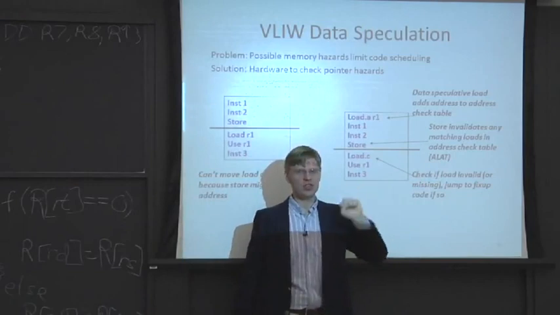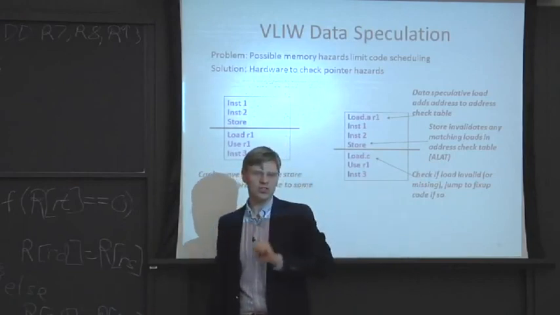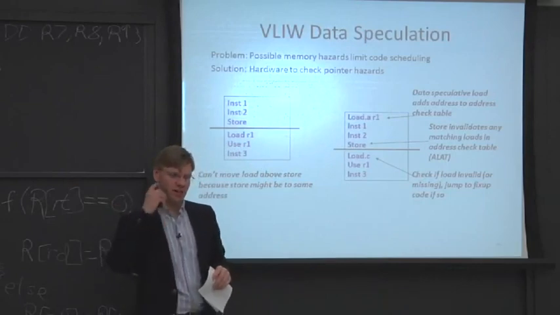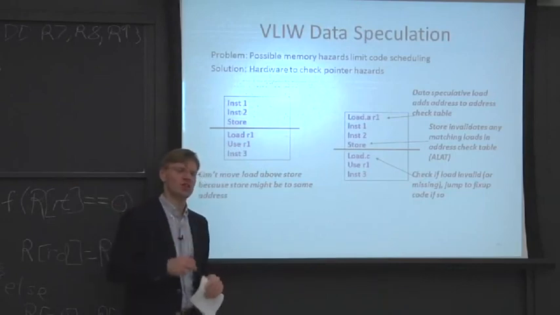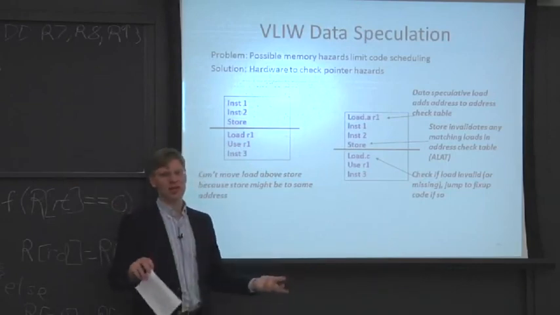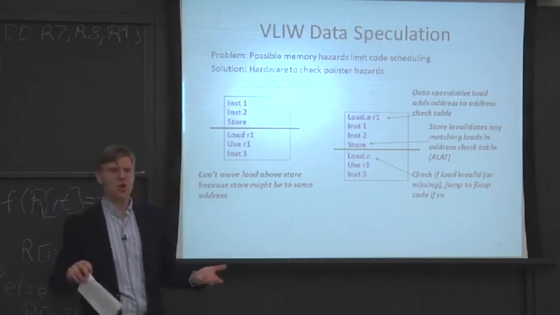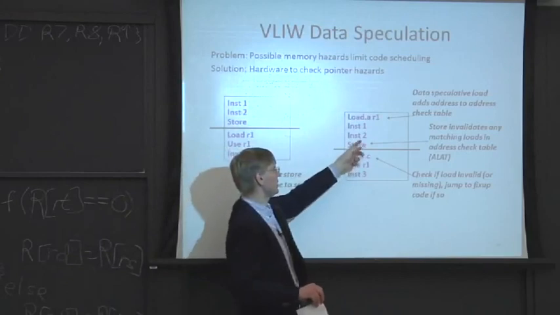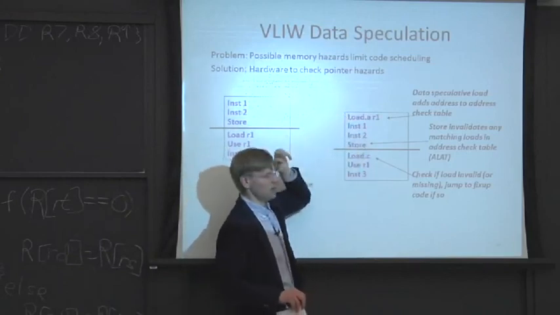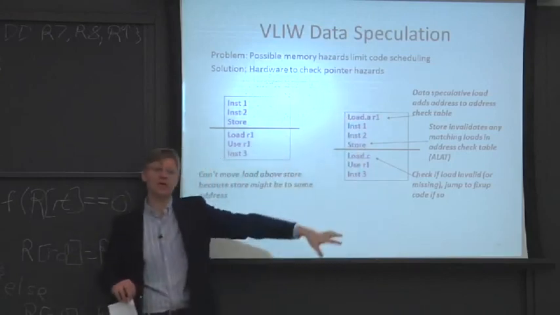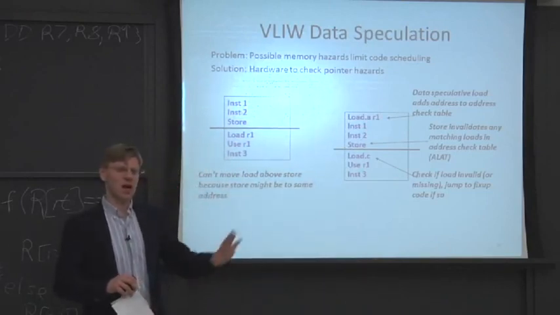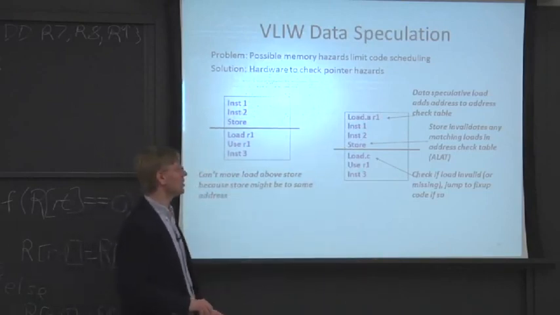So it's an associative structure where you can put addresses in it and then check other addresses from other instructions against it. And if you get a hit, you know that something bad happened, and you can re-execute. So we're going to have a load, which is going to get the load out in the memory system. We could overlap the time in the memory system with executing other instructions.